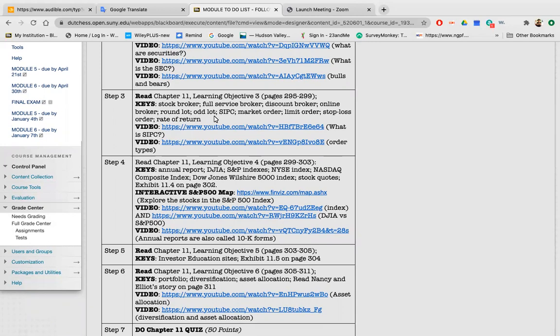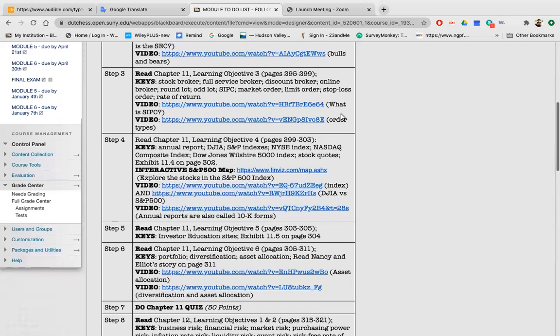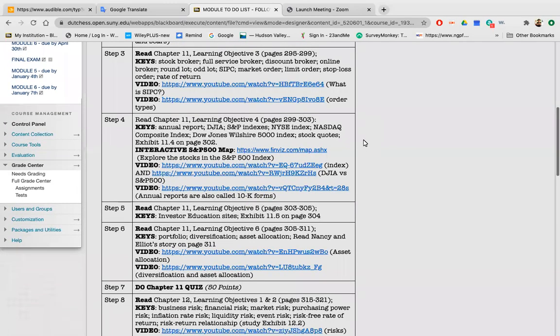They've become much more popular, so you'll learn a little bit about that. The insurance that securities firms are under, SIPC, is very similar to, say, the FDIC for banks, but you'll read a little bit about that. And then, of course, how to place an order, the difference between a market order, a limit order, and a stop loss. Those are important to understand.